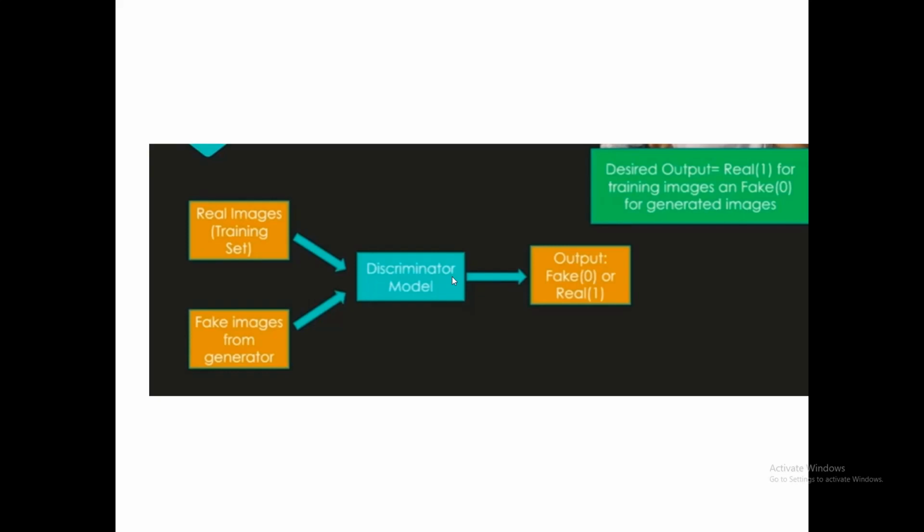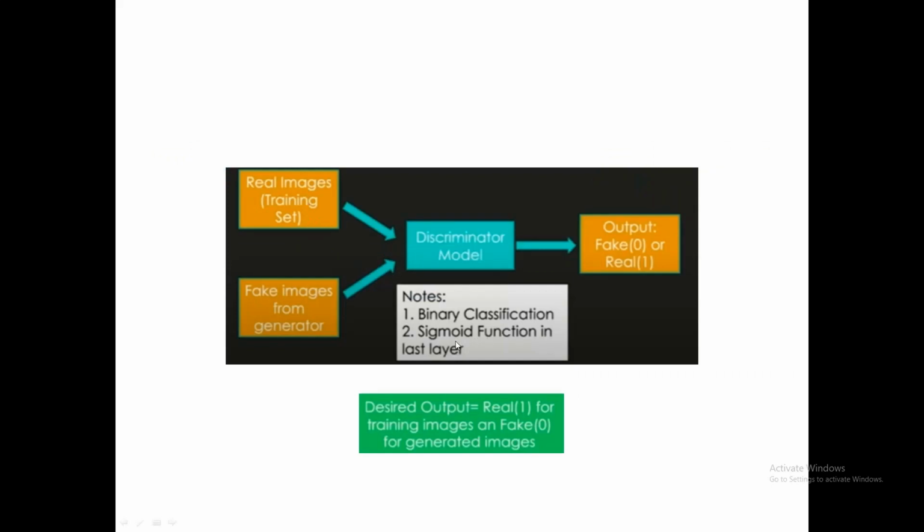One is the real images coming from the training set, another one is the fake images from the generator. Then it is a binary classification. It classifies the data into a binary form, that is either 0 or 1. For this discriminator model, binary classification and the sigmoid function are used.